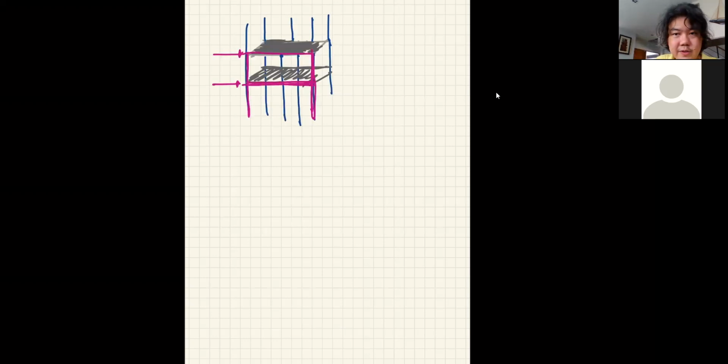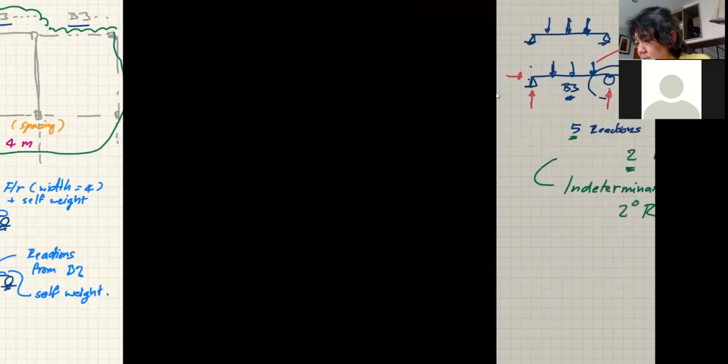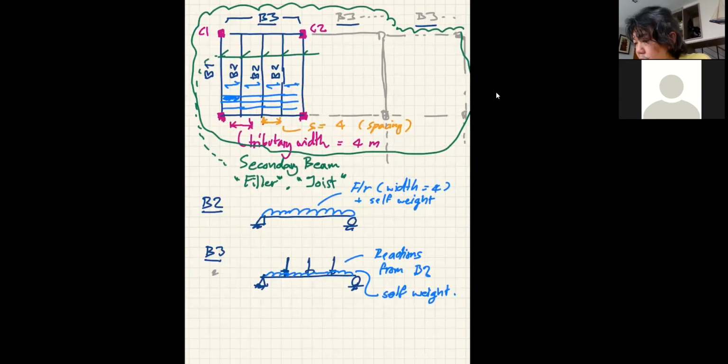So if I'm going to draw just the pink one, you are going to have to learn the new system that we call the frames. Because beams alone in a picture like this will not be enough to help your building resist the horizontal load.